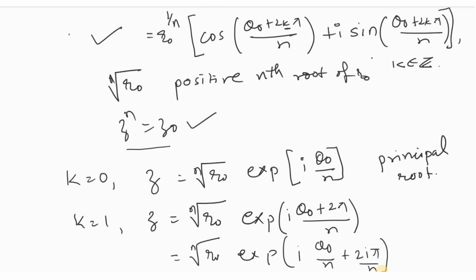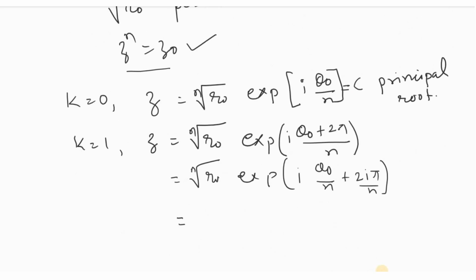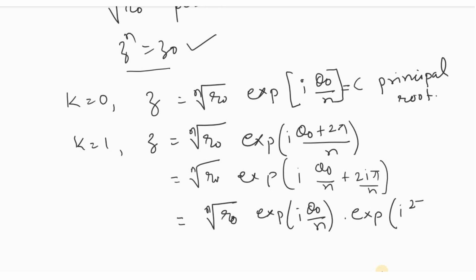If we consider this principal root as c, this quantity I can write as nth root of r0 times exponential of i theta0/n times exponential of i 2 pi/n. Here I have used that exponential of x plus y is nothing but exponential of x times exponential of y.